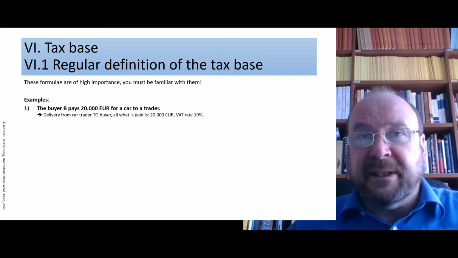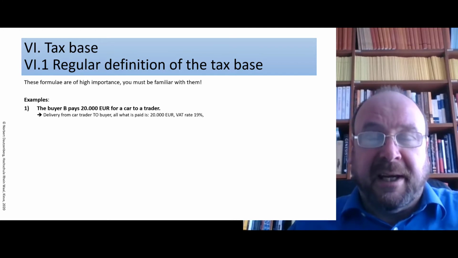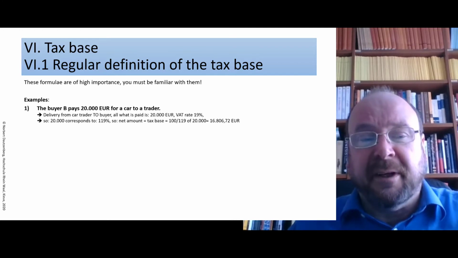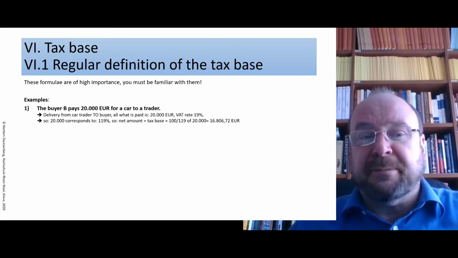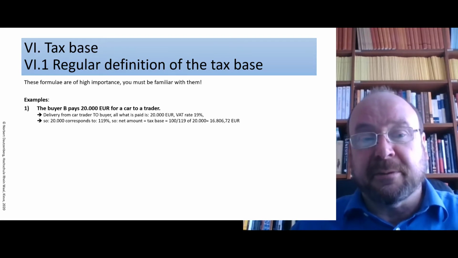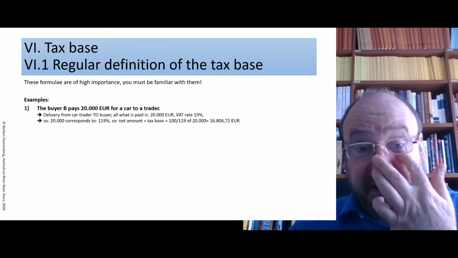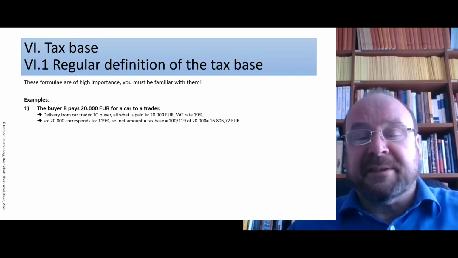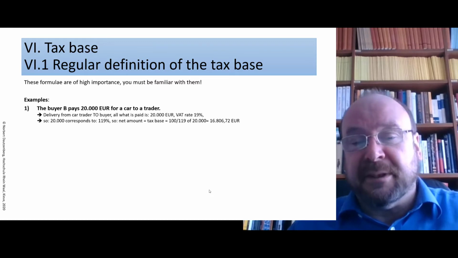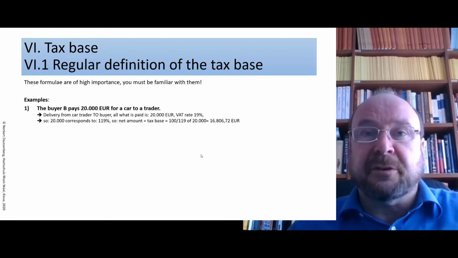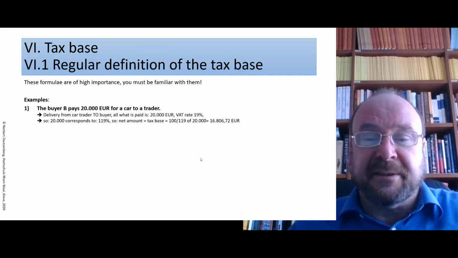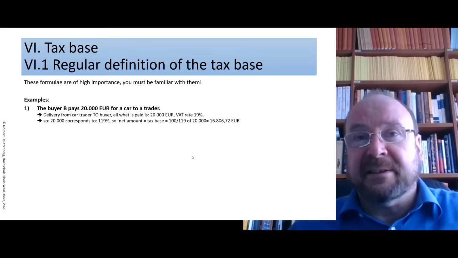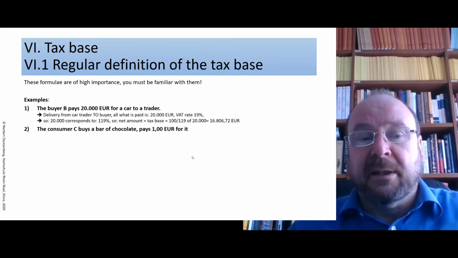The VAT rate is 19% for a car, so we know that 20,000 corresponds to 119% of the unknown net amount. So the net amount, our tax base, is 100 out of 119 of 20,000, so 16,806.72 euro.